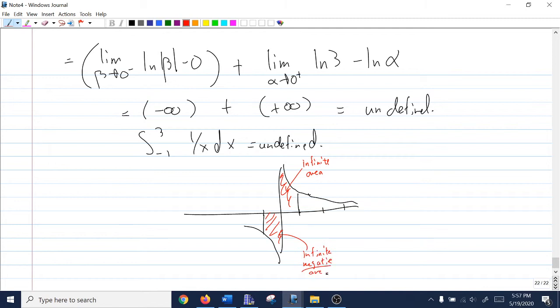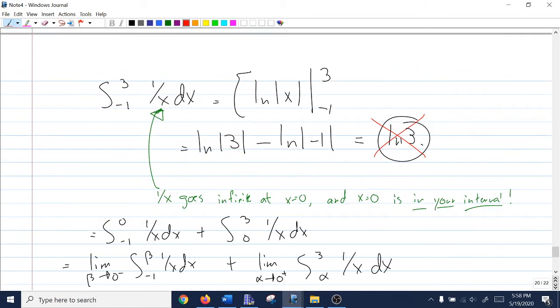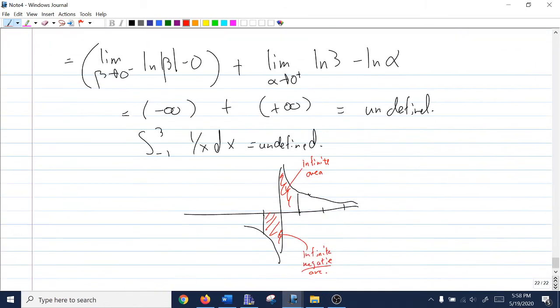Like, if they are the exact same shape, if I was allowed to cancel that positive infinite area and that negative infinite area, then that first wrong answer of natural log 3 we got would be correct. We're not allowed to cancel them. I have a plus infinity and a minus infinity that are just irresolvable.